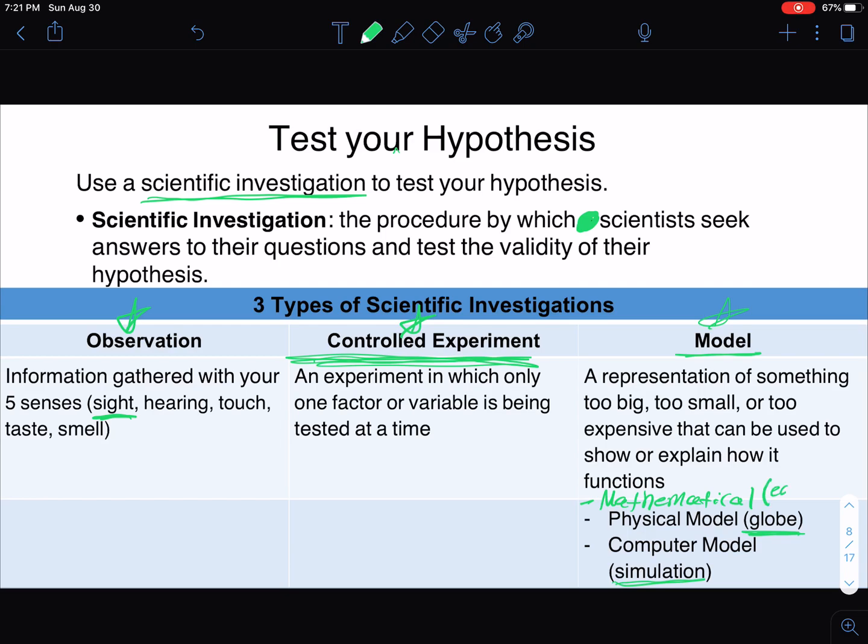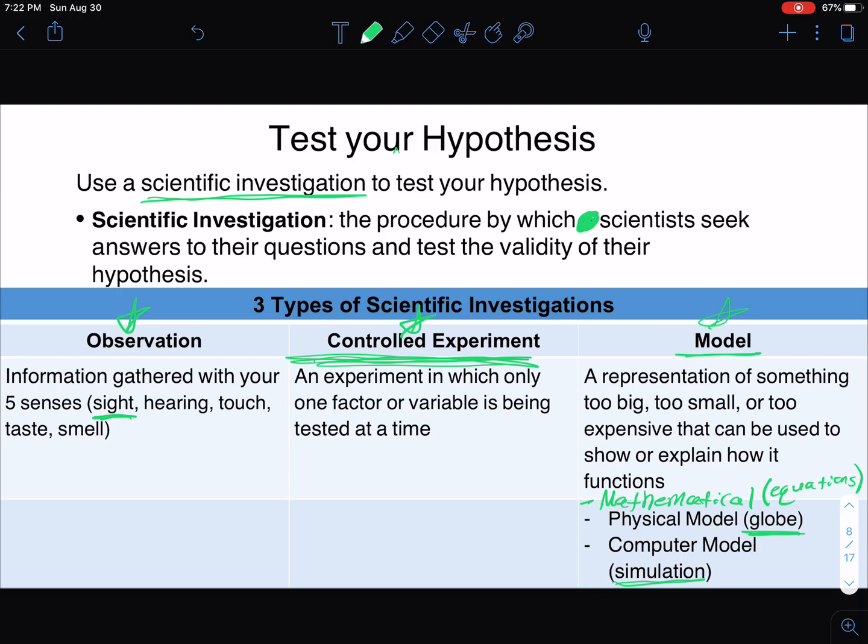So when you're looking at mathematical models, you're looking at equations, long, complex equations. And they also use this to study things like atoms because they're so small, but the mathematical equations that go with it have been proven correct time and time again to study the different pieces, and they can help you study the physics, the quantum mechanics of the atom.